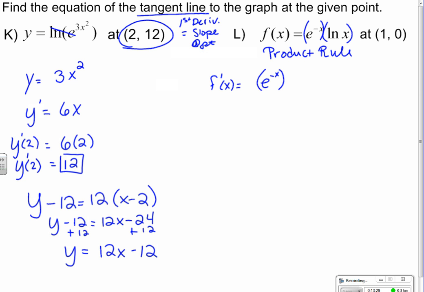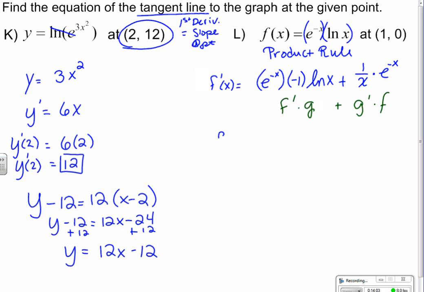And the derivative of negative x will be negative 1, multiplied by the second function, plus, addition. So this was like f prime times g. Now we're going to go into the g prime times f. Derivative of the second. The derivative of natural log, that was the last section we worked on. That's 1 over x multiplied by the first function, e to the negative x. There's not a lot to simplify on this.